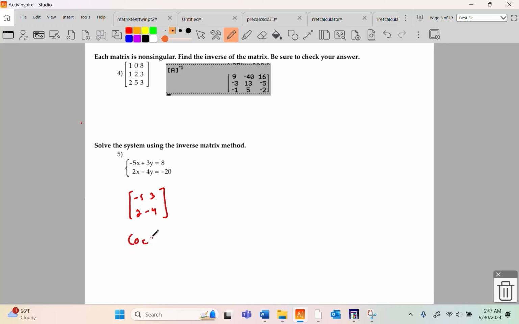This is a coefficient matrix. And then we have a solutions matrix, which is these things right here. Or actually, I don't know, let's call that a constant matrix, not a solutions matrix.